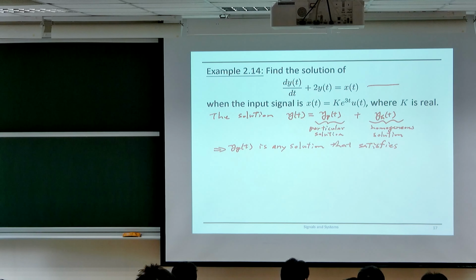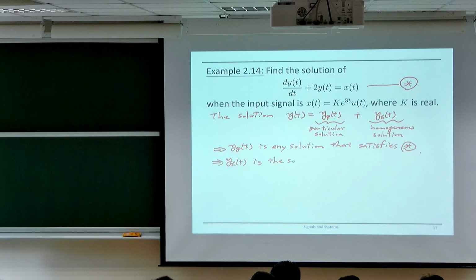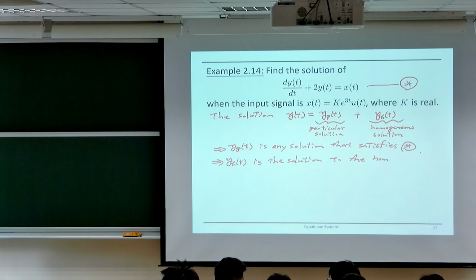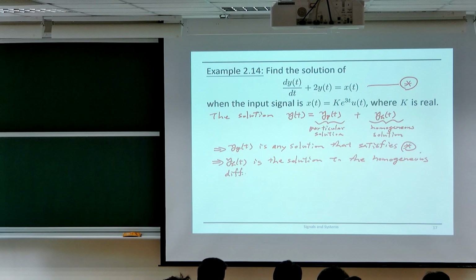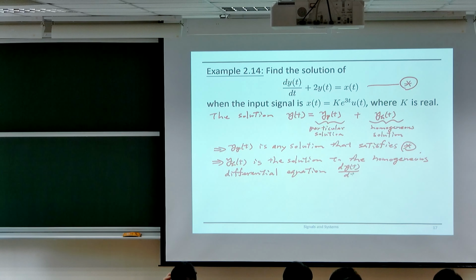And the homogeneous solution is the solution to the homogeneous equation dy of t over dt plus 2y of t equal to 0.